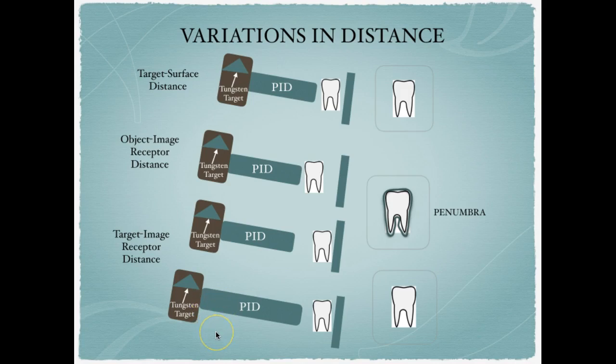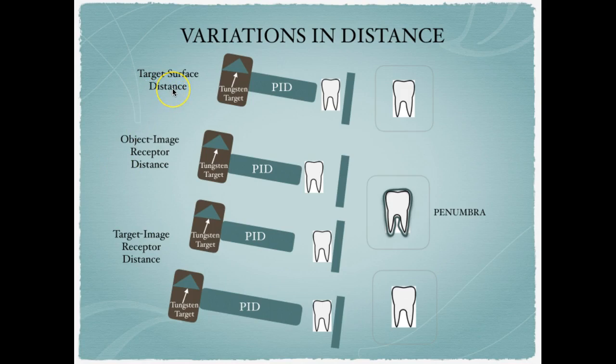Now, if you have the image receptor and the object close together, and you lengthen the PID, even though your tungsten target is far away from your object and your image receptor, the long PID keeps those dental x-rays parallel. That will also result in a quality image.